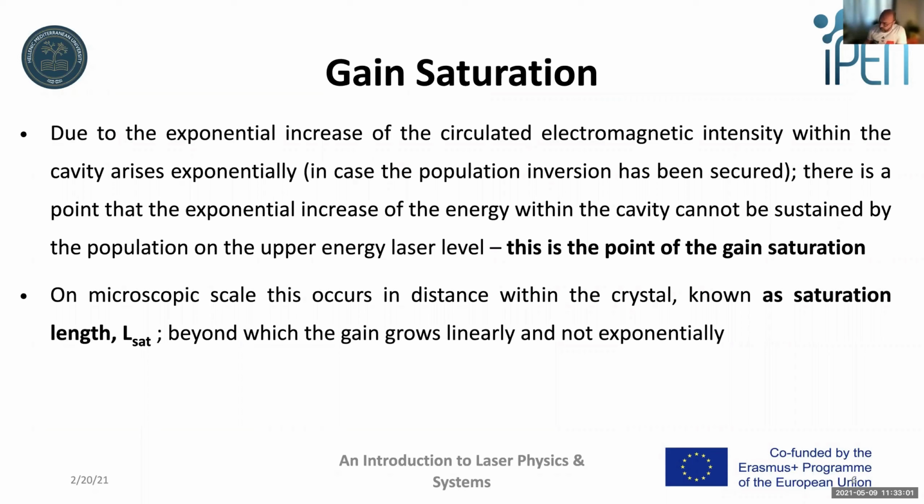This phenomenon has been simulated and corresponds to a specific intensity. So when our beam is building through our cavity, its intensity increases, and when it reaches a specific intensity, which is called the saturation intensity, at this point our population inversion has dropped to half of the initial population inversion.